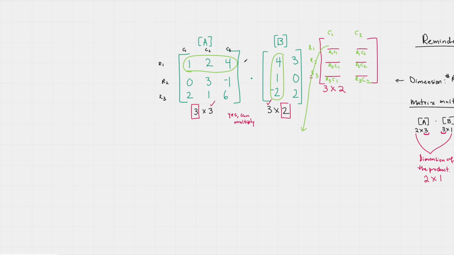So basically what we're going to do is take 1 times 4 plus 2 times 1 plus 4 times negative 2. Now, when you sum that up, that will be the result of that number right there.